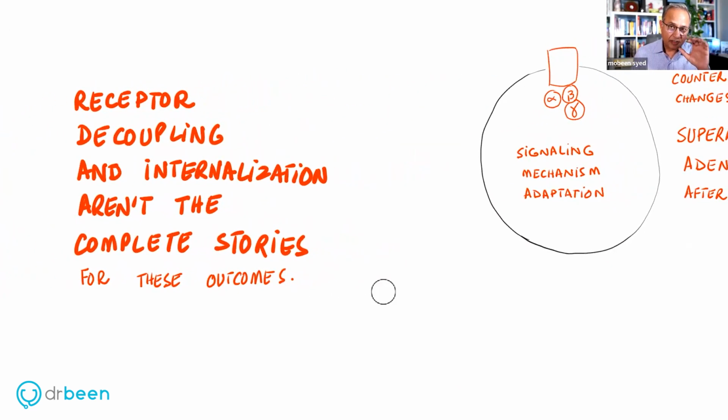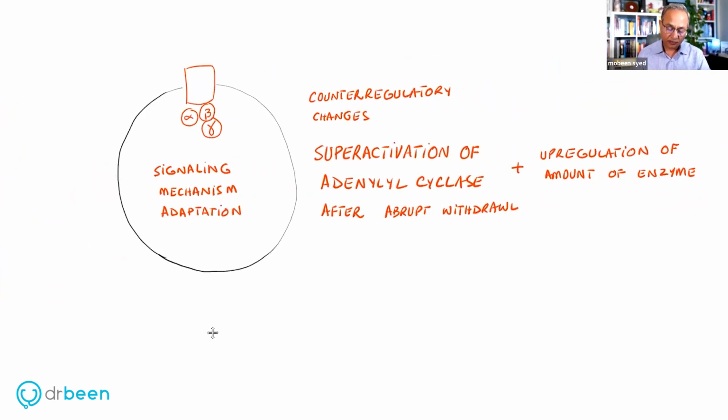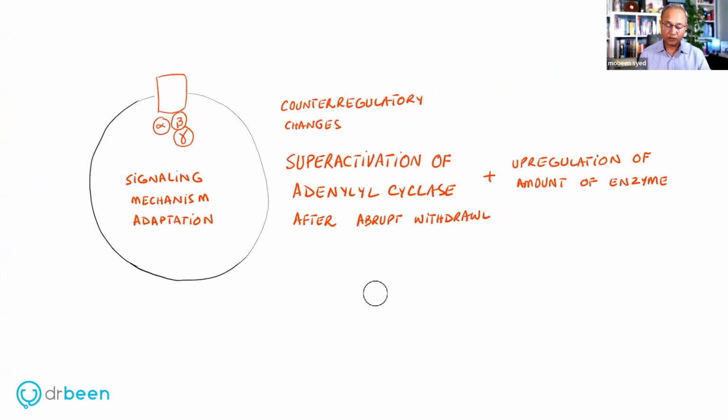Here, remember in desensitization, we discussed that receptor decoupling and internalization happens. That is not the complete mechanism to explain dependence and addiction. I hope I have made it clear that the cyclic AMP pathways in the long term, and counter-regulatory mechanisms at the cell level, that is the cyclic AMP pathway, and at the tissue level, are responsible for this. So what are those counter-regulatory changes?